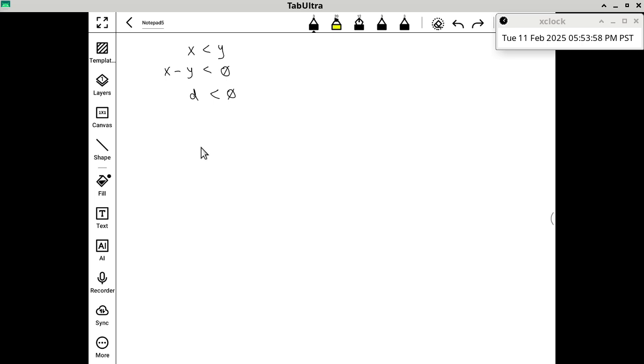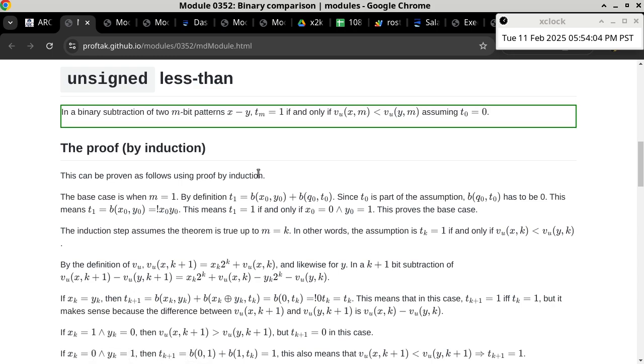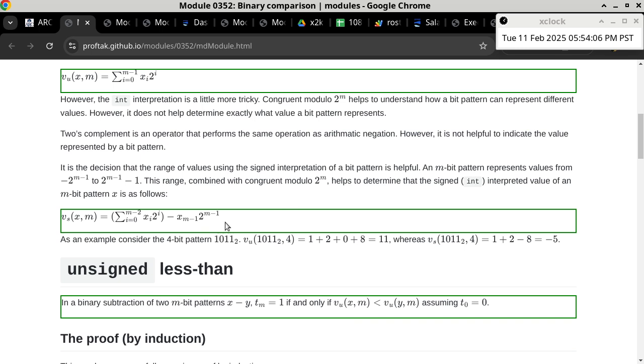So the whole thing goes back to the VS notation. So let me go back to the module itself and just scroll up a little bit here. Okay, this is how VS is defined. So the first question is, the only thing that can make the entire quantity go negative is what? Where is the only subtraction?